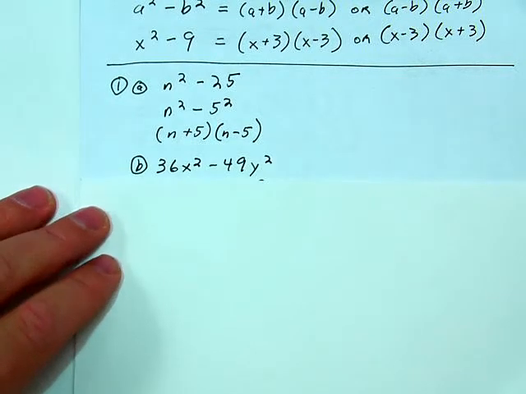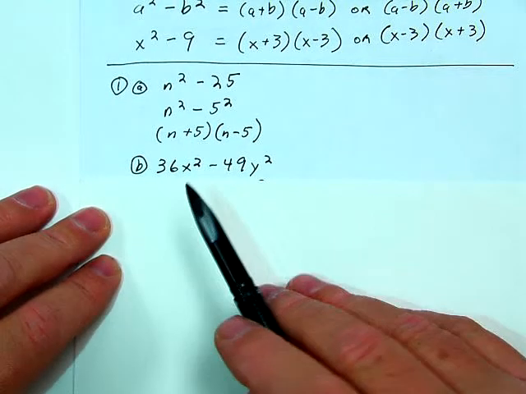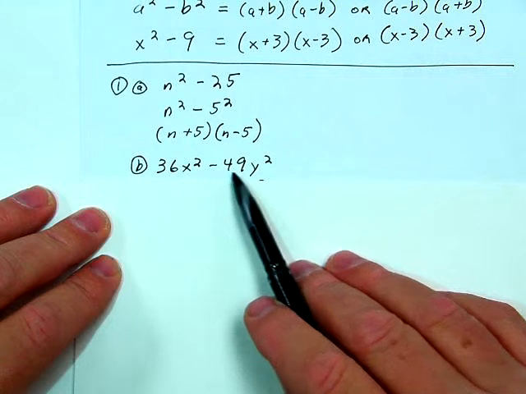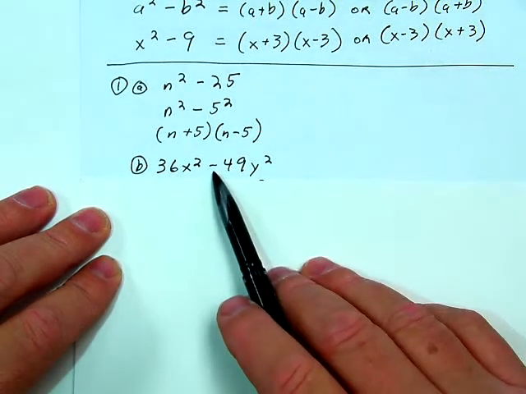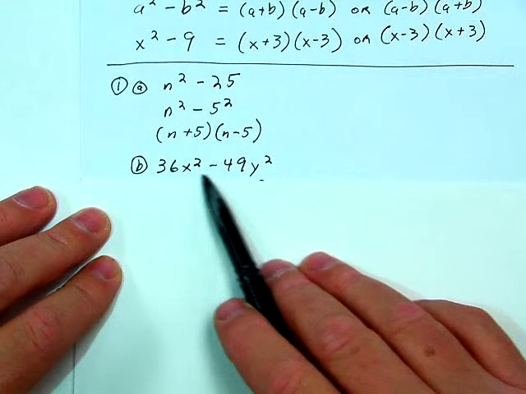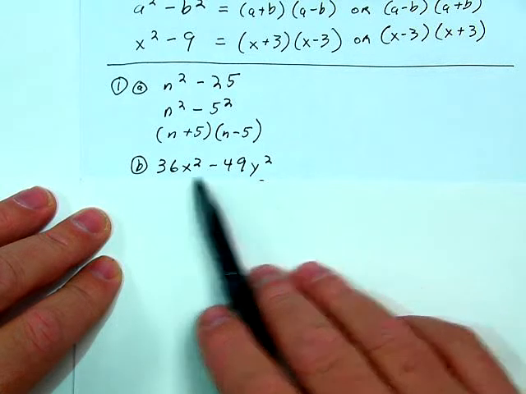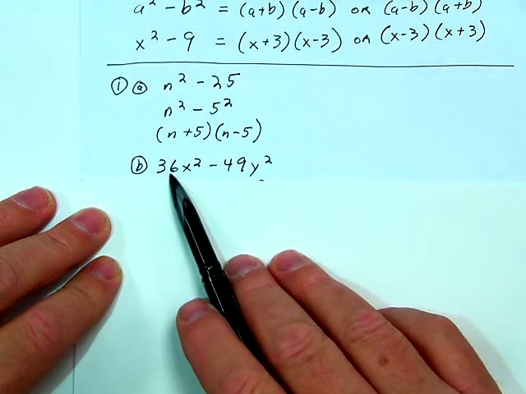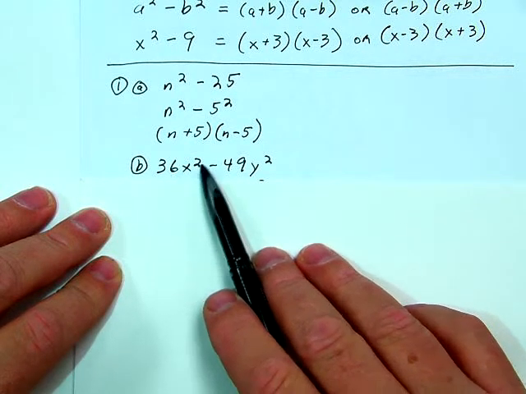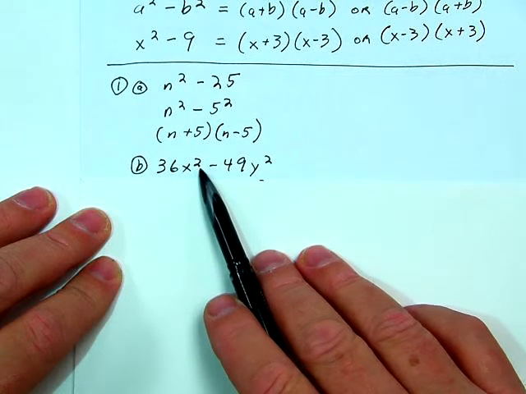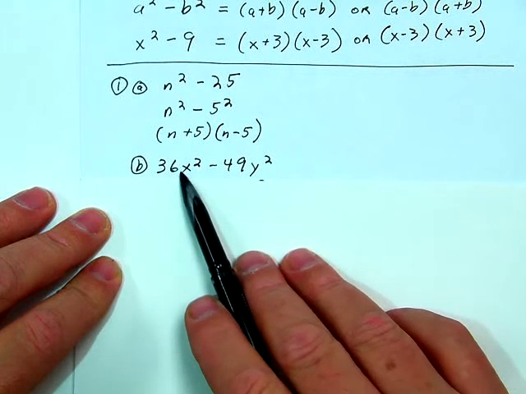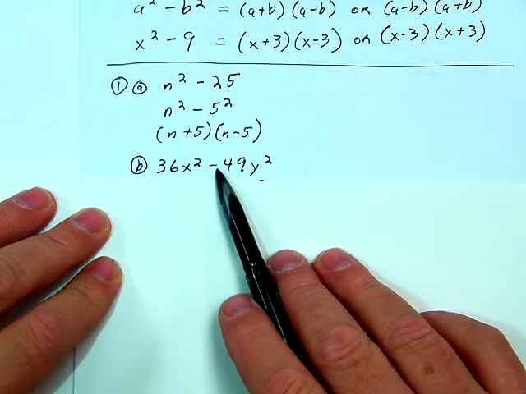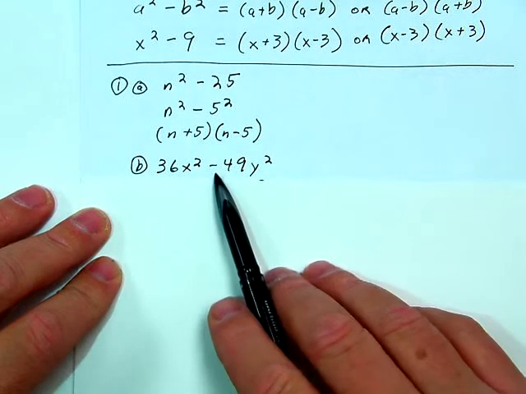Let's look at another example. I've got 36x squared minus 49y squared. I look at it, I've got the minus sign, so if this is a square and this is a square, I can figure it out quickly. Well, 36 is a perfect square, 6 times 6 is 36. Well, x squared, obviously, x times x is x squared. So 6x squared is what this guy is. All right, 6x in parentheses squared.